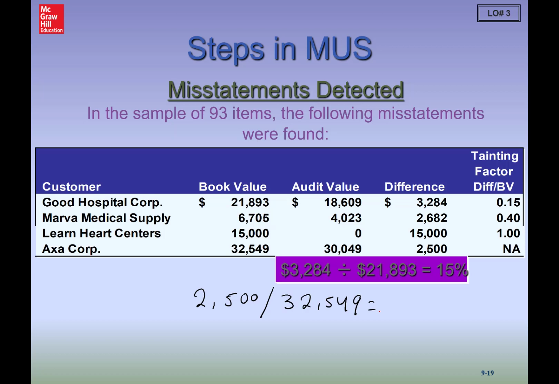So I'm just showing you what happens if you go where it says "Do not enter." So do not do this. I'm just showing you what's going to happen to you if you do this. Okay, what's the percentage here? What's the tainting factor? 2,500 divided by 32,549.